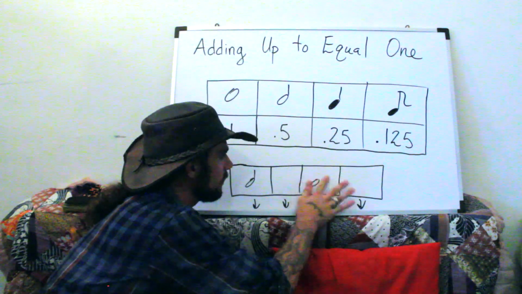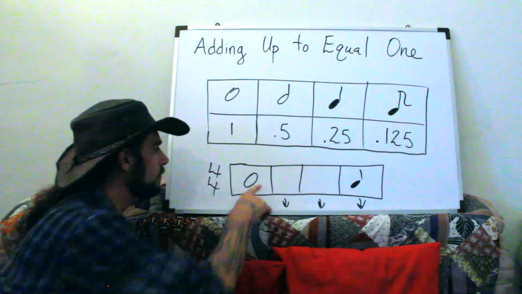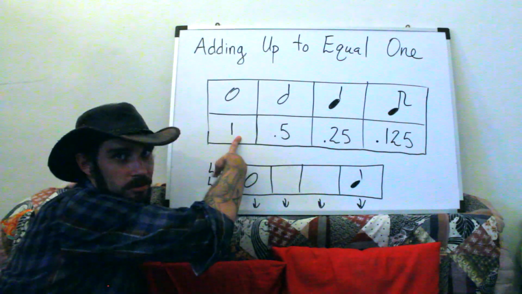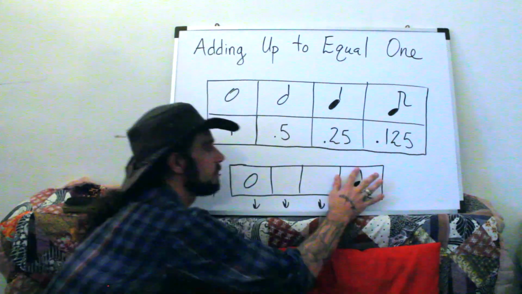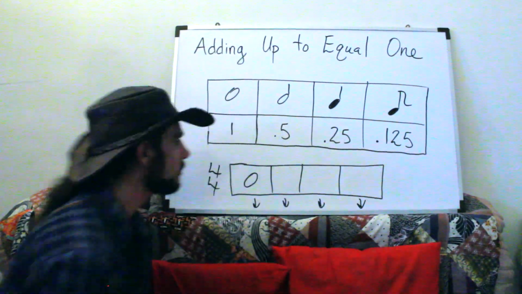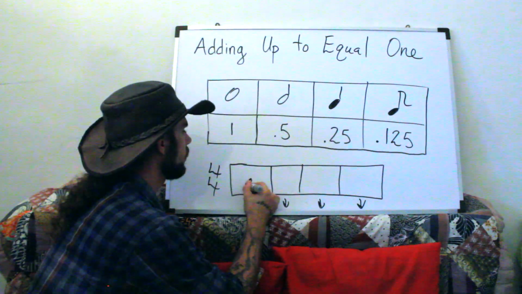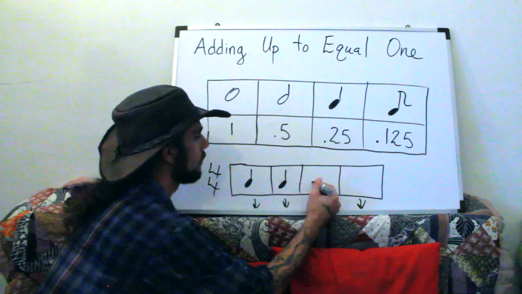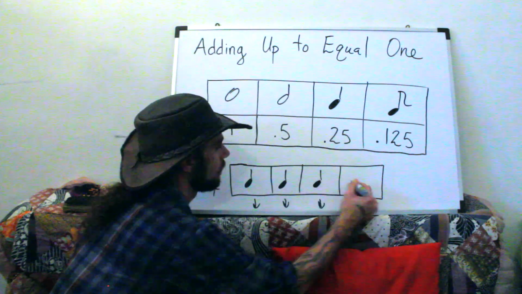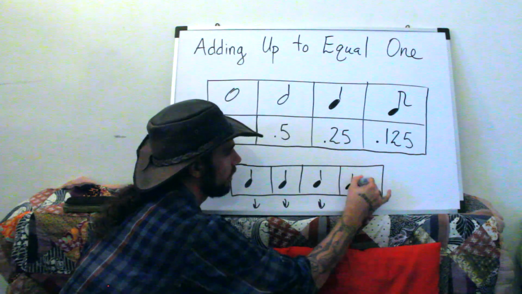Let's look at another one. So here we have a whole note. This already equals up to 1. So this guy here, that's going to be extra. So to solve this, we need to erase that. Let's see here. A quarter, a quarter, a quarter, and 4 eighth notes.